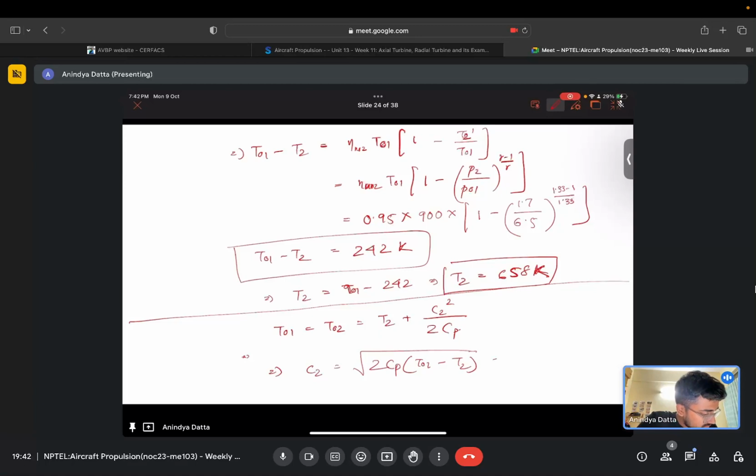This is 2 times 1147 times 242, so C2 we get as 745 meter per second. This is our absolute velocity at the nozzle exit.